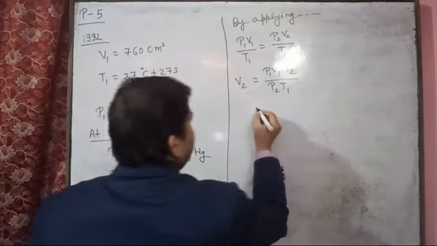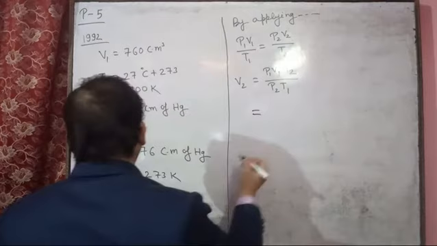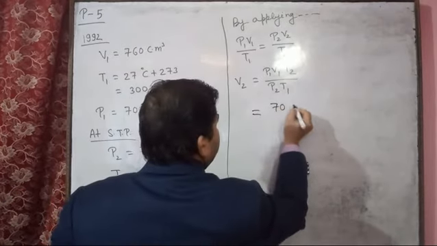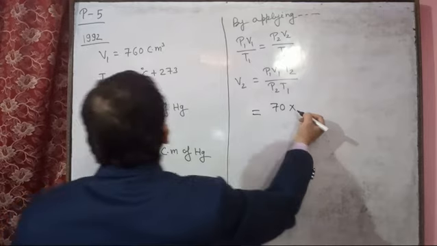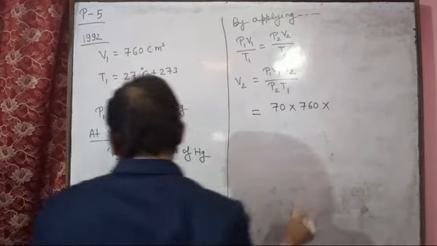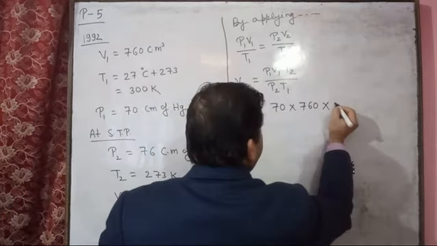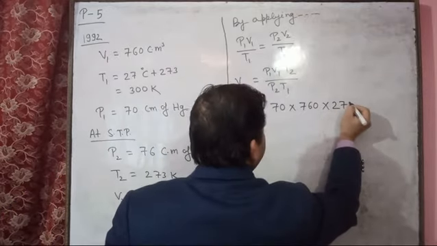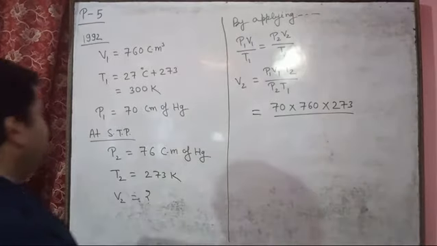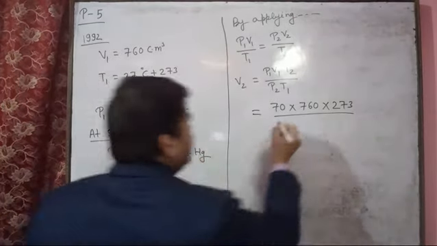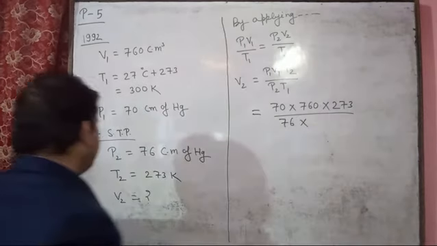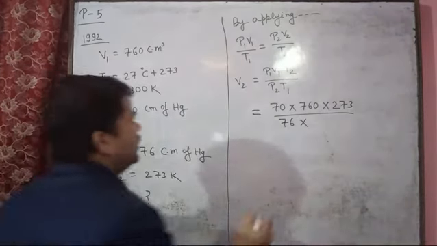So here, how much is P1 given? P1 is 70, then V1 is 760, then T2 is 273, then upon P2, which is 76, and T1 is 300.